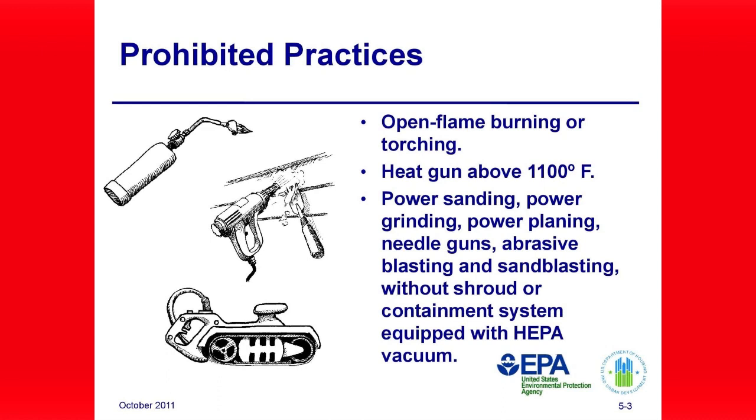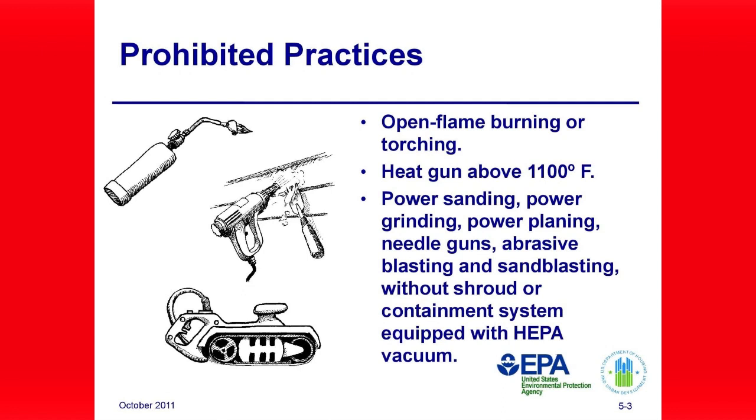A key to minimizing the spread of dust and paint chips is not to use certain traditional work practices known to create large amounts of dust and debris. Open flame burning or torching, or using a heat gun over 1100 degrees Fahrenheit, create very fine leaded dust particles, fume, that are dangerous for workers to breathe.